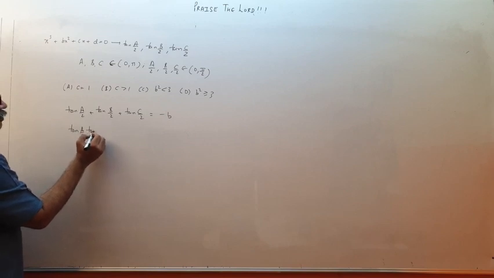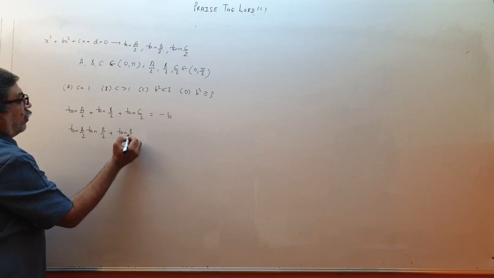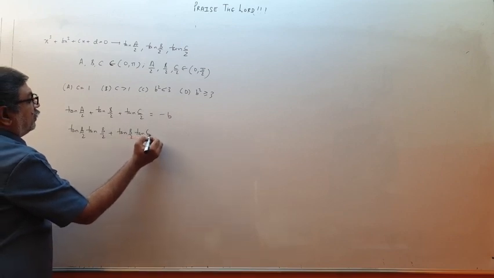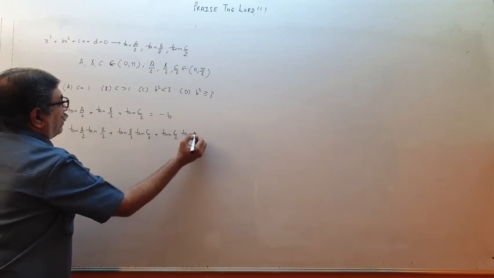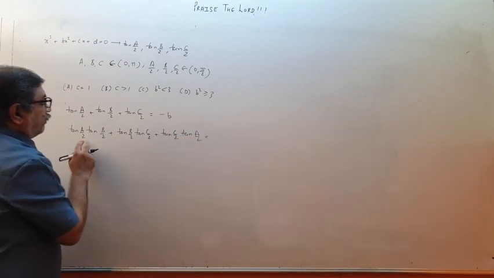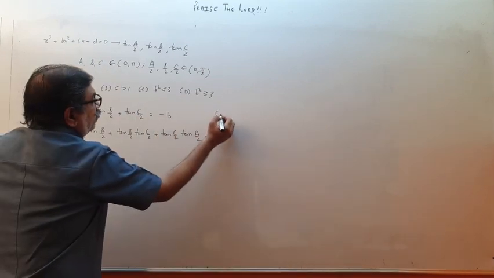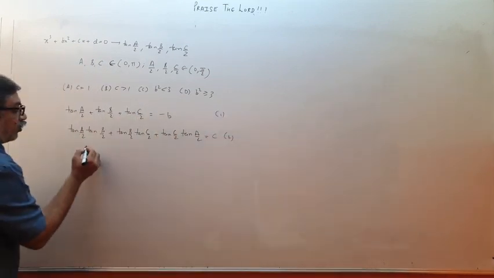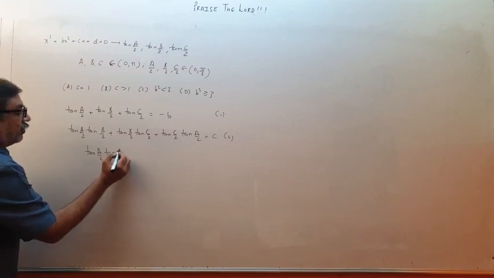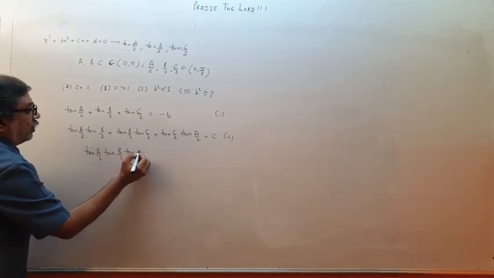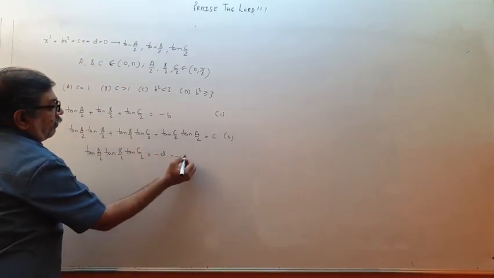That is point 1. Tan A by 2 tan B by 2 plus tan B by 2 tan C by 2 plus tan C by 2 tan A by 2, that is alpha beta plus beta gamma plus gamma alpha, will be c. That is point 2. And the product of the roots, alpha beta gamma, tan A by 2 tan B by 2 tan C by 2, will be minus d. Point number 3.